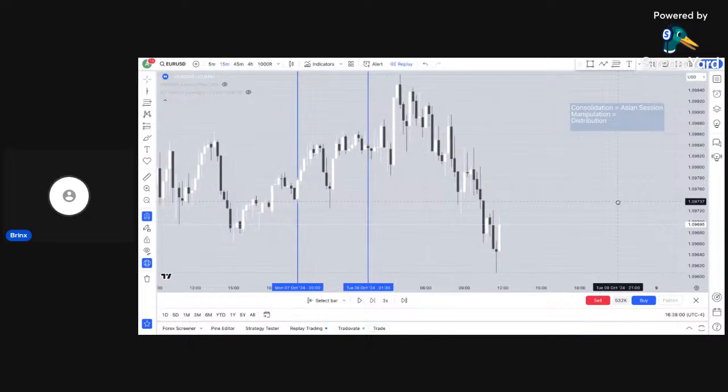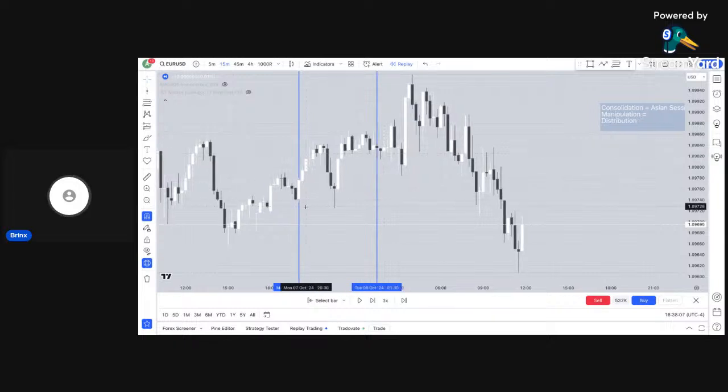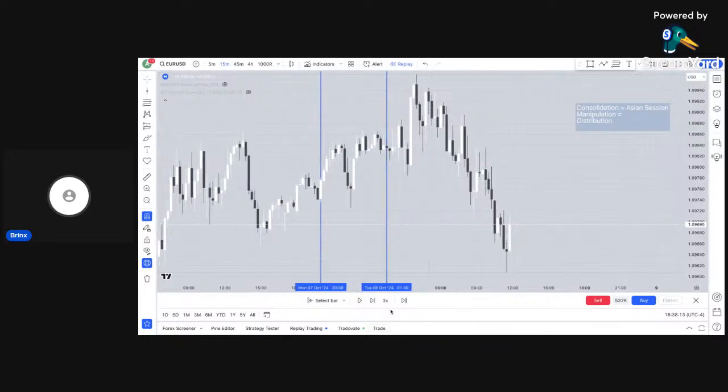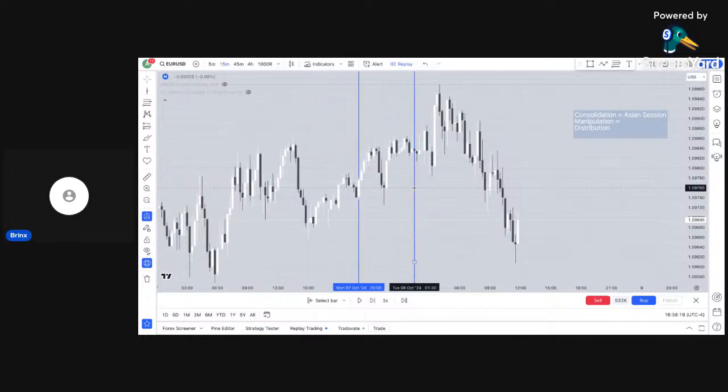But for all intents and purposes, these are the windows of time that I want you guys to look through. So our Asian session window is going to be about 8 p.m. the previous day until 1 a.m. on the current day. In this case, this example is coming from Tuesday, October 8th. So this was last week.